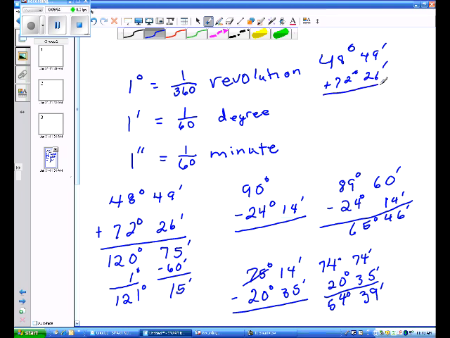We added those. Another problem that we did was 90 degrees minus 24 degrees, 14 minutes, which we actually have worked out down here. So let's just do it with our calculator and see if we get that same answer.